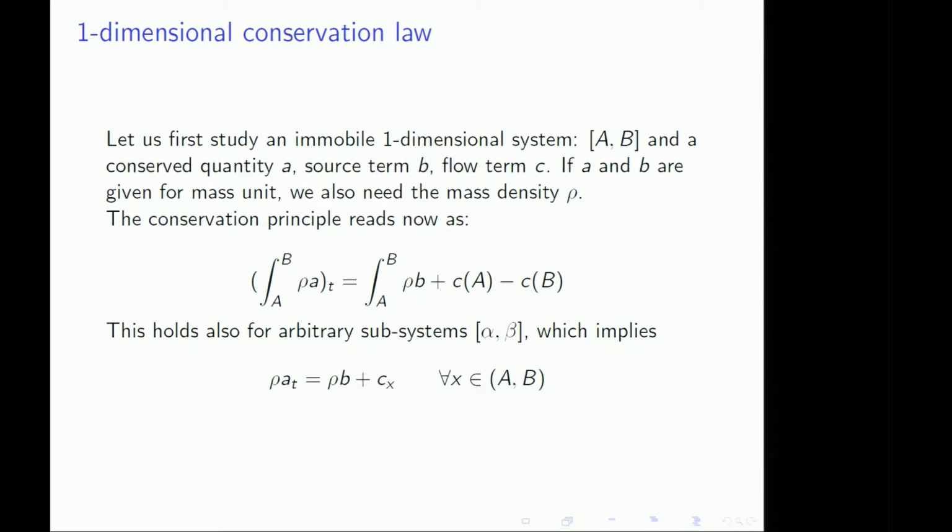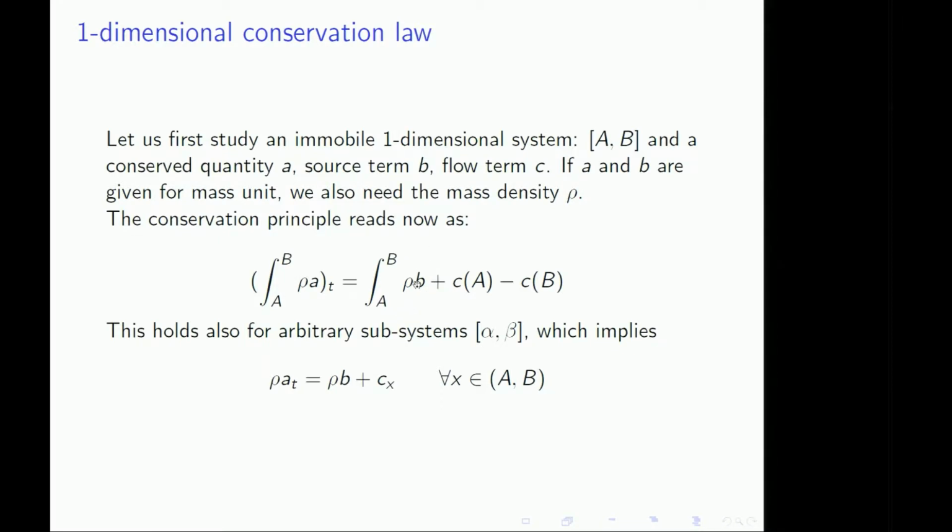The conservation principle was that the rate of change is equal to the difference of source and sink and the difference of inflow and outflow. So we have the system state, the whole state, and its rate of change by time derivative.